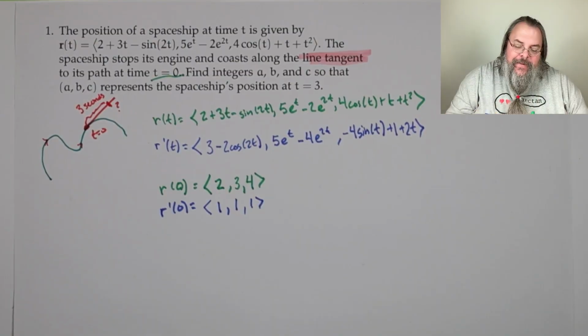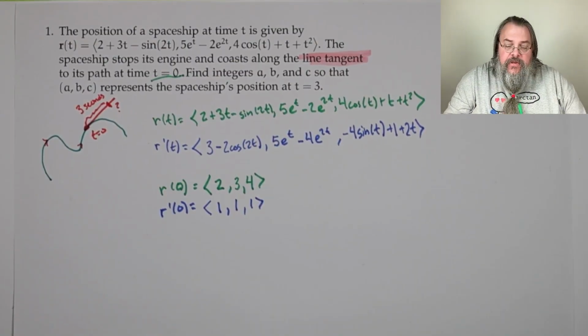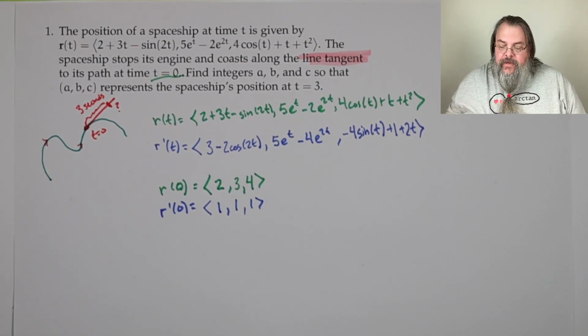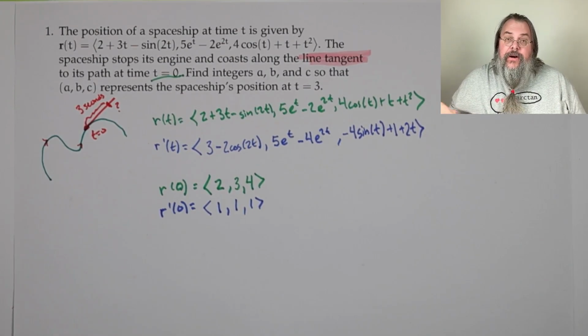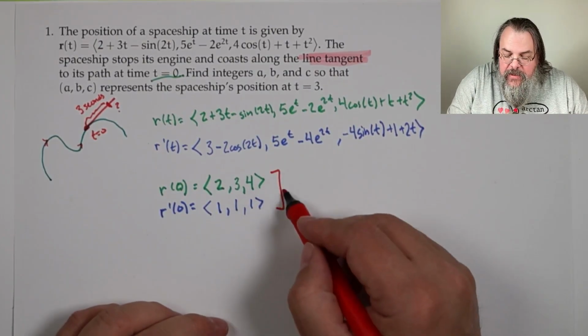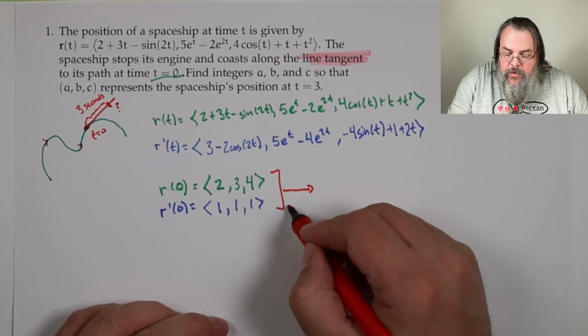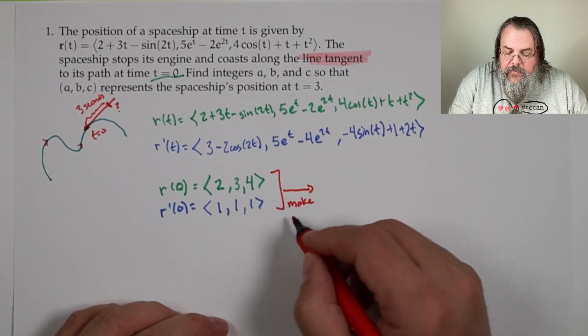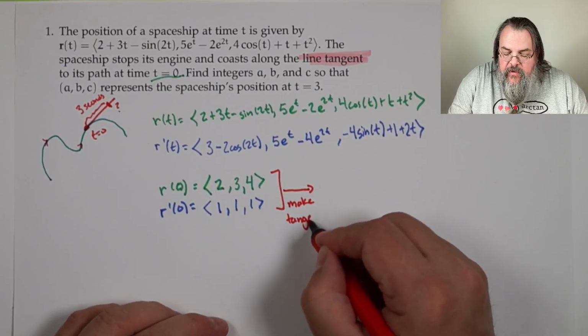Okay, all right. Now, we're going to put these together. Our tangent line, or the line tangent, we're going to make a tangent line, we'll get the following. All right, making notes to self.